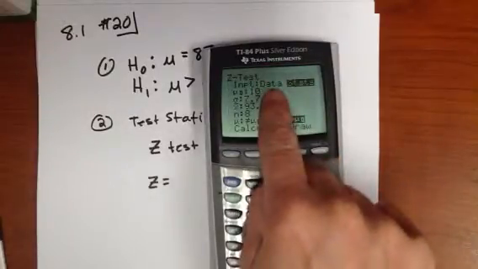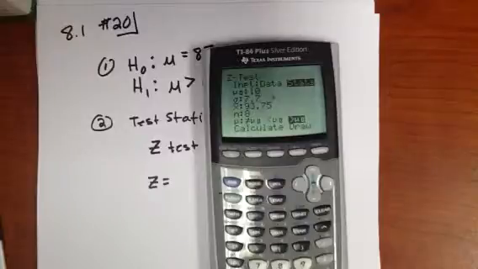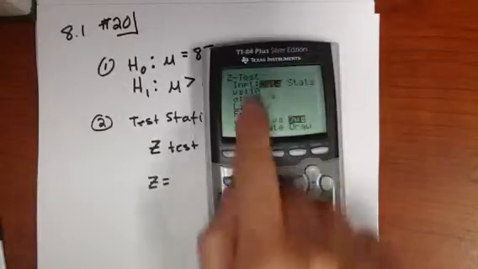This time we have the data. Be careful. If the problem gives you something like the sample mean X bar is approximately 93.8, they have rounded it. Do not put the stats in. You want to hit data, because that rounding will set your numbers off a little bit. So I'm going to hit data.